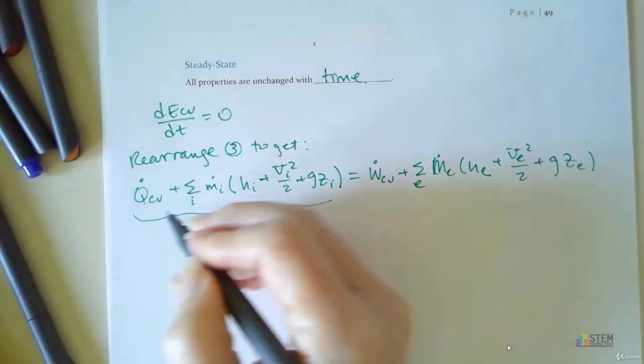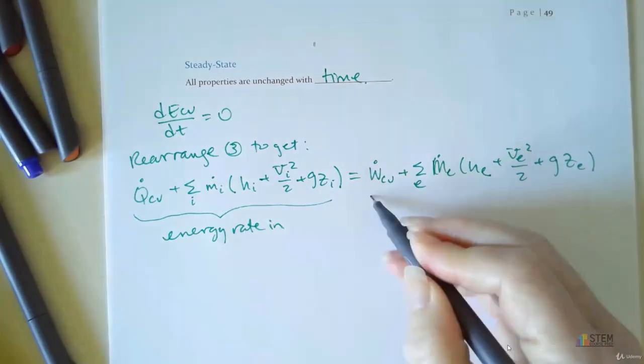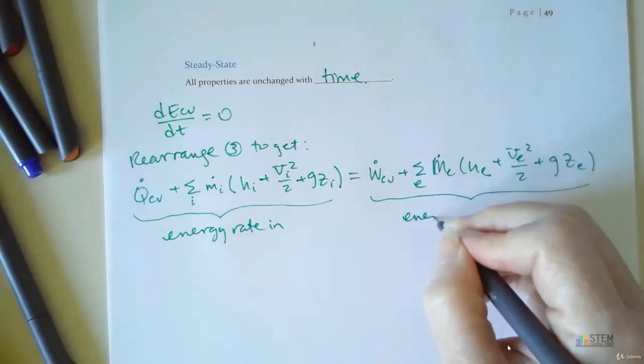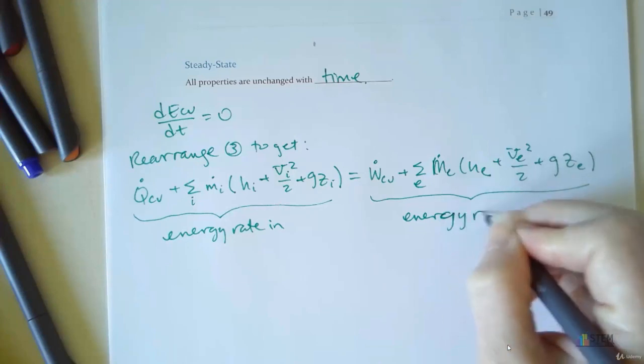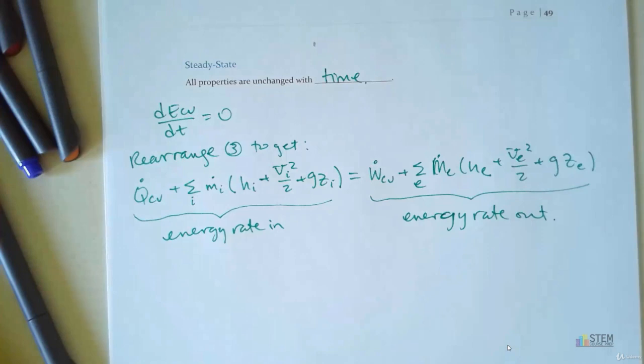This here will be the energy rate in. This over here is energy rate out. So now we have that.